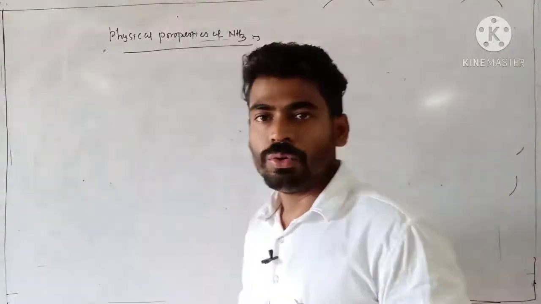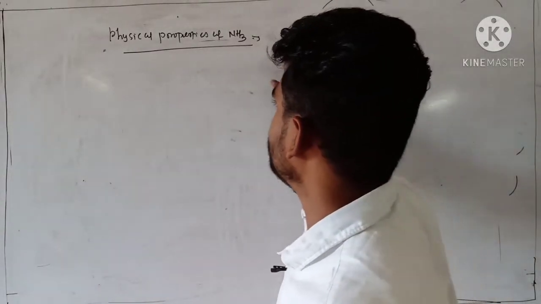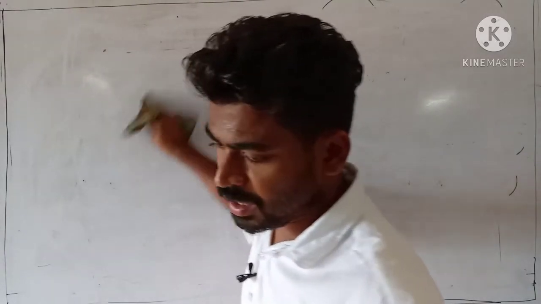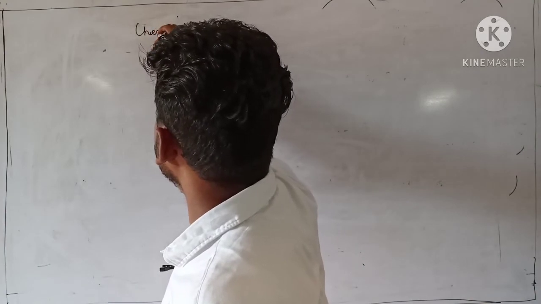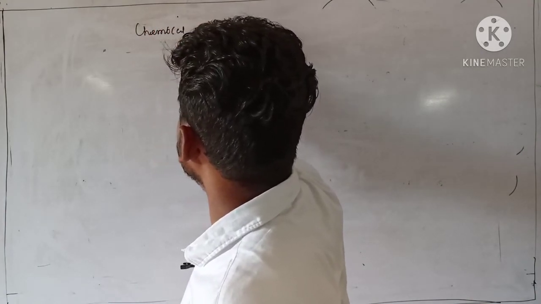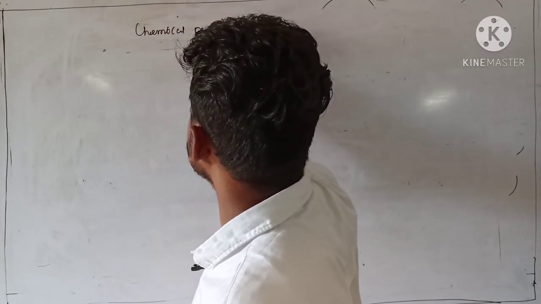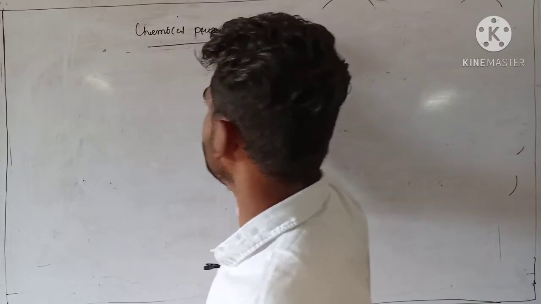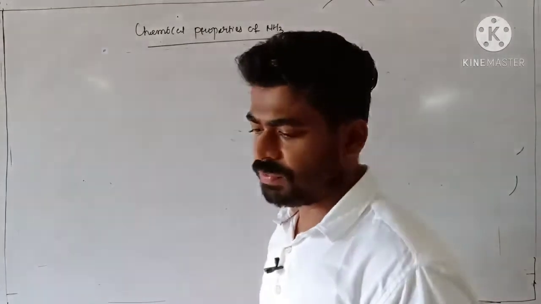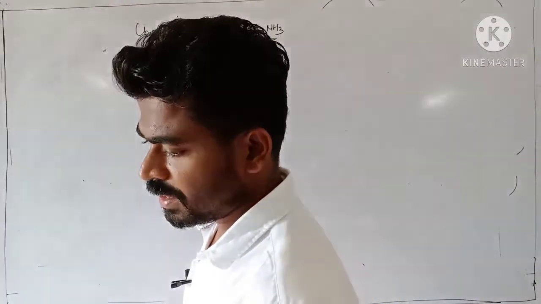Next we will discuss the chemical properties of ammonia. The first one is stability.